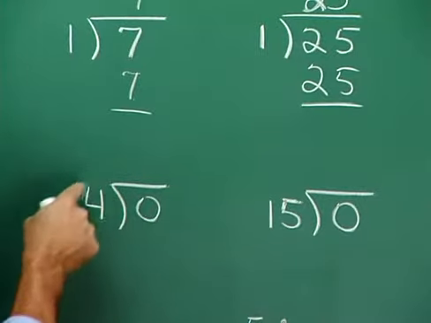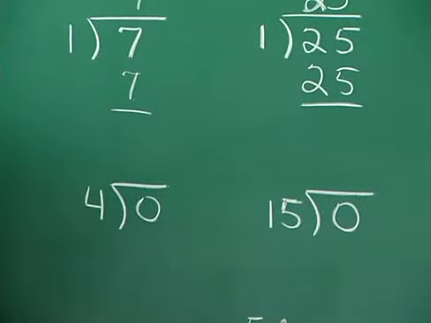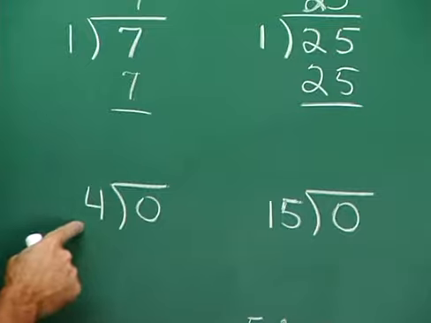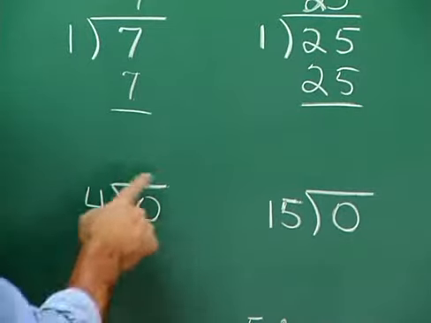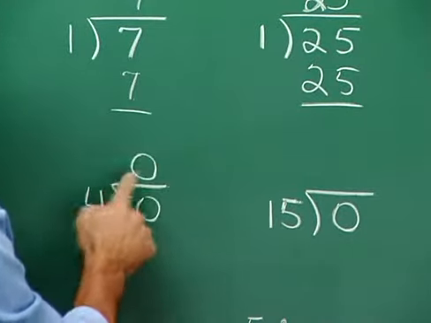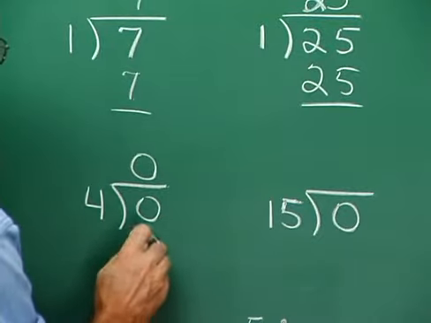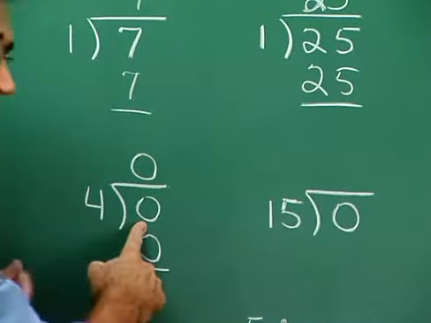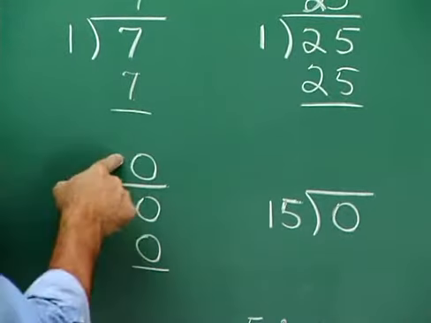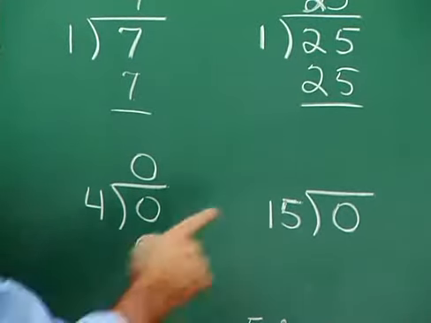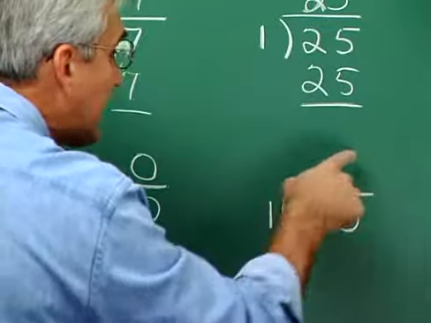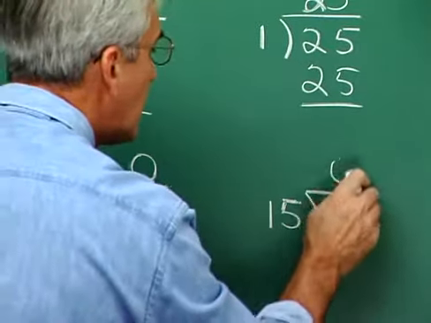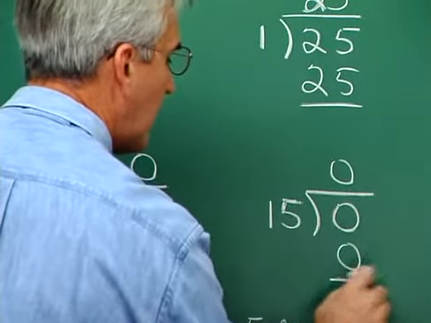What times 4 is 0? Well, 0 times 4 is 0. Any time 0 is the dividend, the quotient is going to be 0. 15 into 0, that is, what times 15 is 0? Well, 0 times 15 is 0.